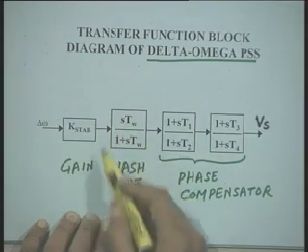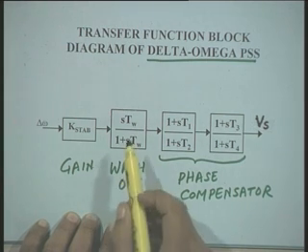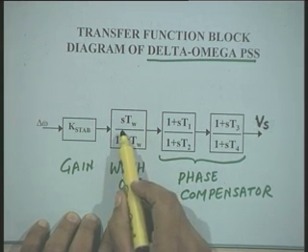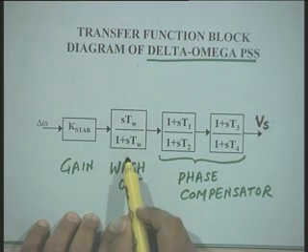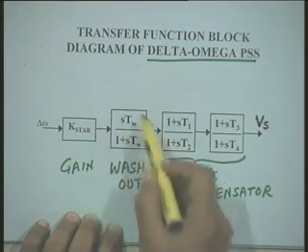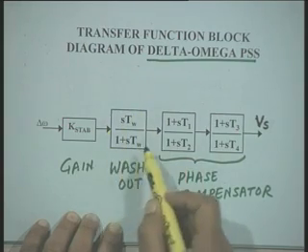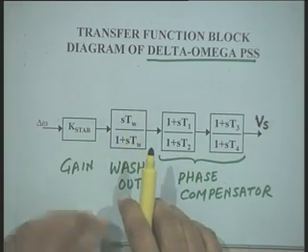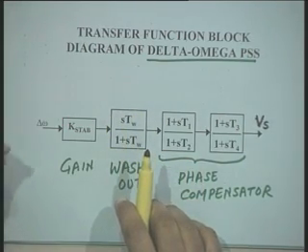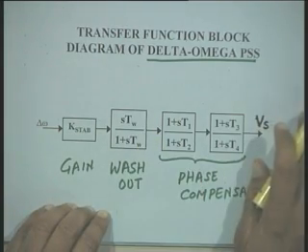Now, if you look at the transfer function of this block, under steady state condition S is 0. Therefore, when I substitute S equal to 0 in this transfer function, the gain of this block becomes 0, and therefore, for any signal which comes into the power system stabilizer, there will be no output from this block.